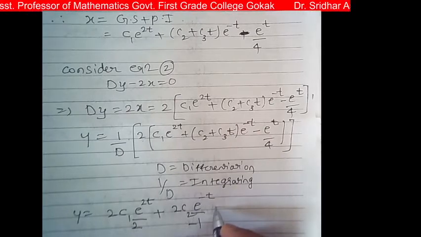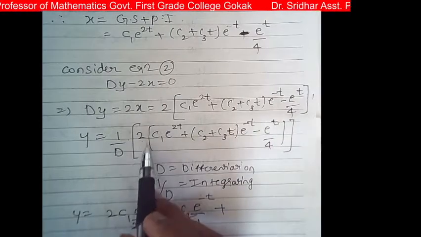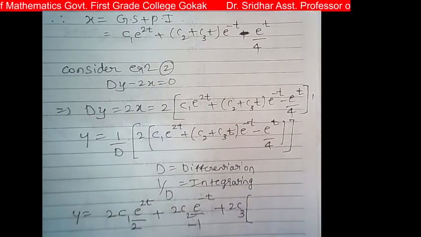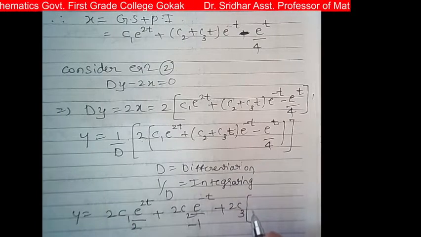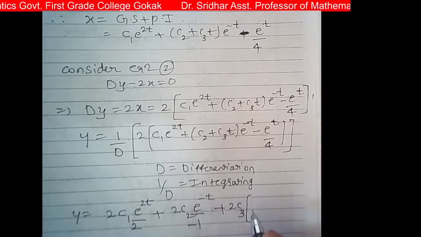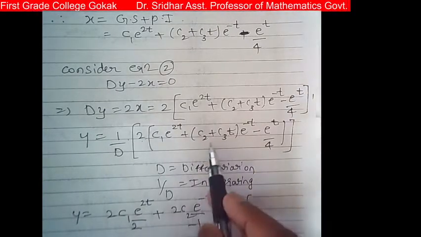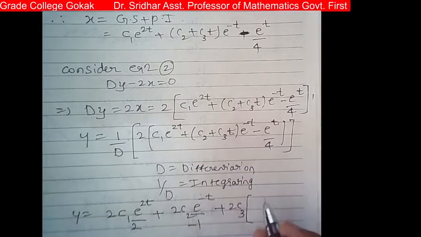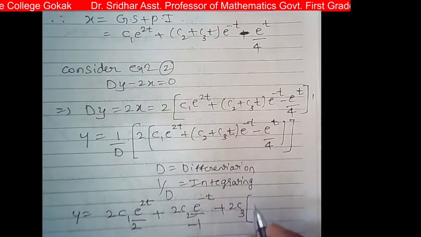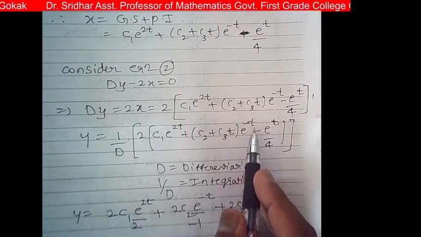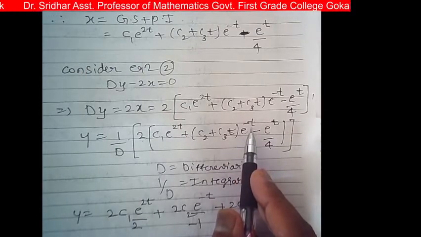Similarly plus 2c3 into the bracket: integrate t into e raised to minus t.